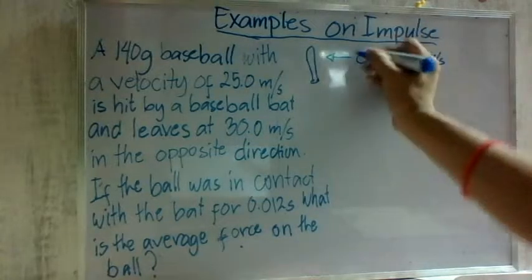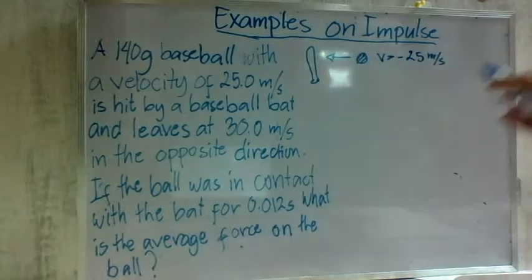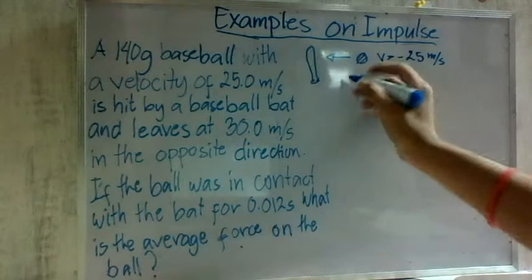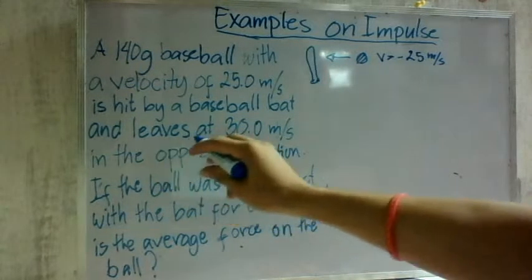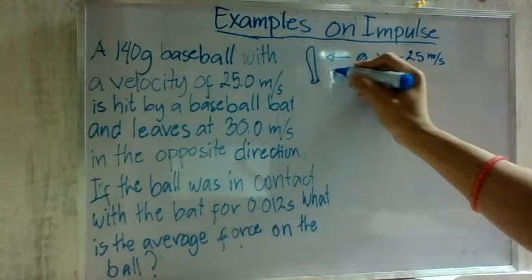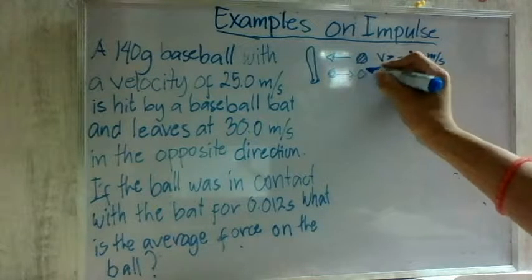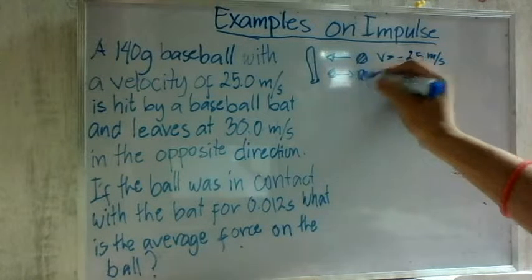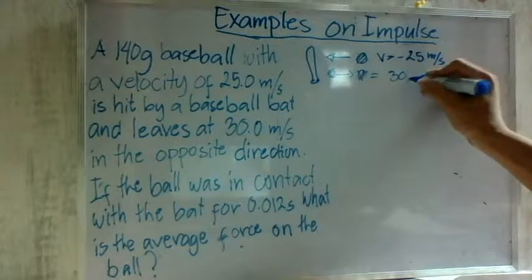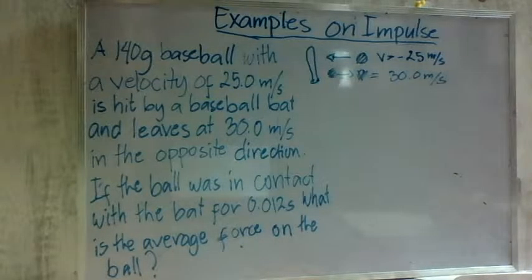So negative na ang velocity sa atong bola tungod paingon siya sa left. Og leaves at 30 meters per second. So pagkahuman niyag igo, ibalik siya nga na siya velocity na positive 30 meter per second.